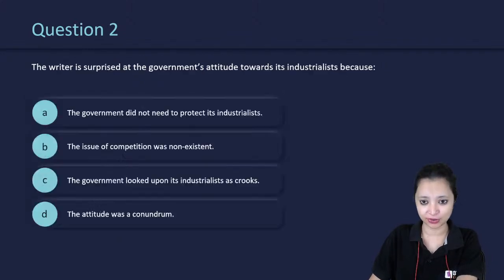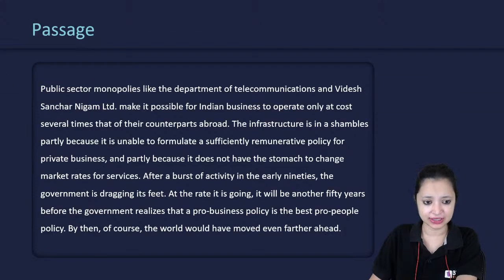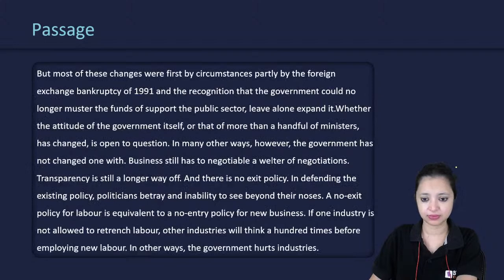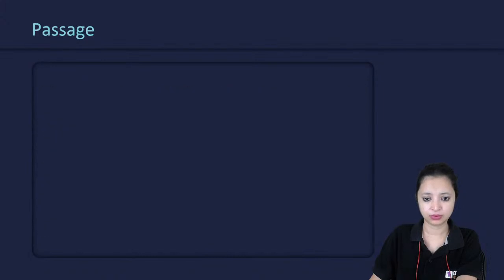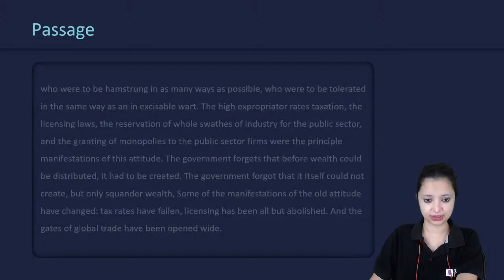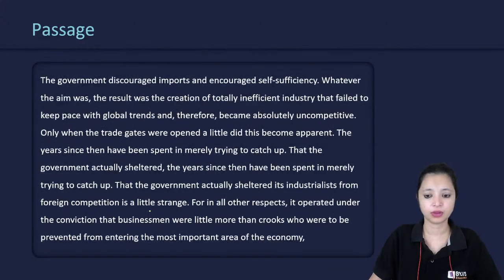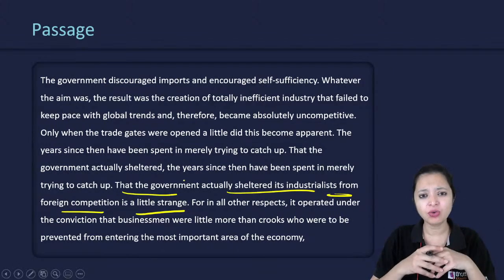Now, let me take you back to the passage. There's a line where he says, I am surprised. Oh, just a minute. Yes, here it is. That the government actually sheltered its industrialists from foreign competition is a little strange. He says, why did the government not allow exporting?